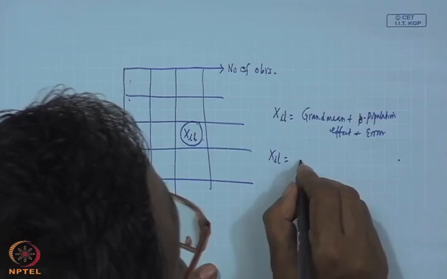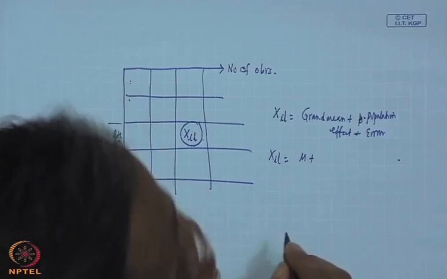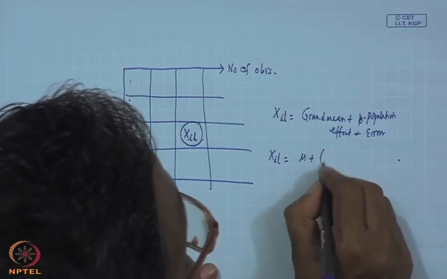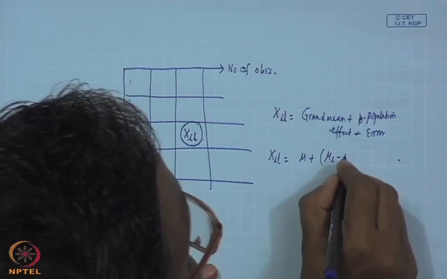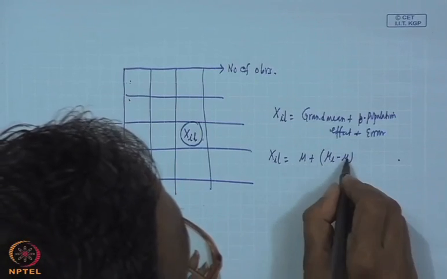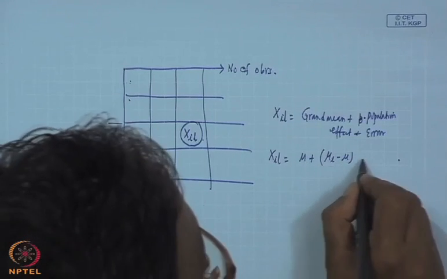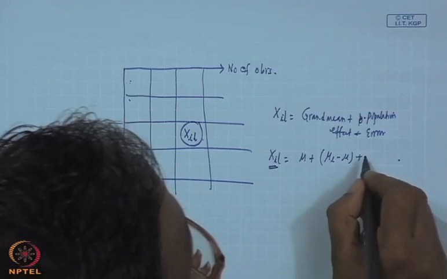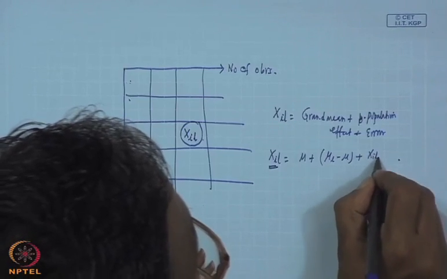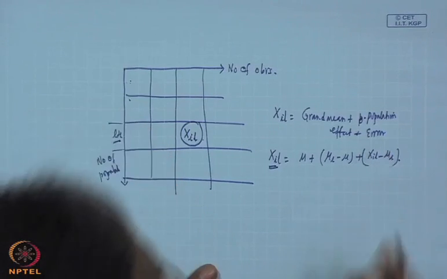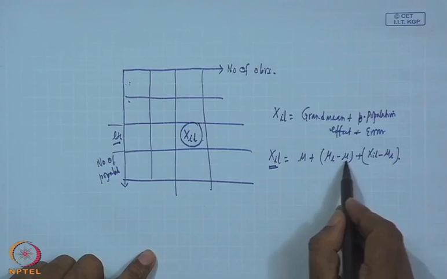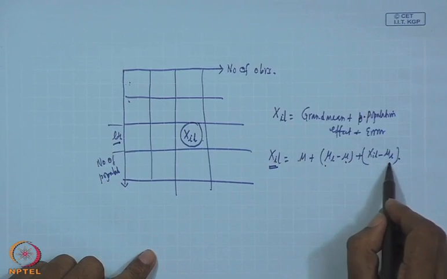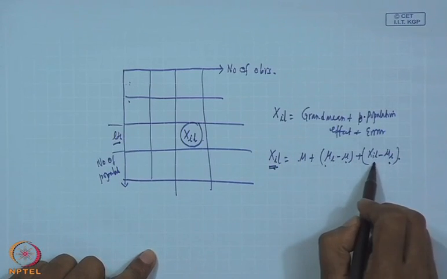X_iL equals mu plus, let me write like this, mu_L minus mu. So mu cancelled out, mu_L is there, but the left-hand side is X_iL, so X_iL minus mu_L. See, mu and mu will be cancelled out, mu_L will be cancelled out. So X_iL equals X_iL.